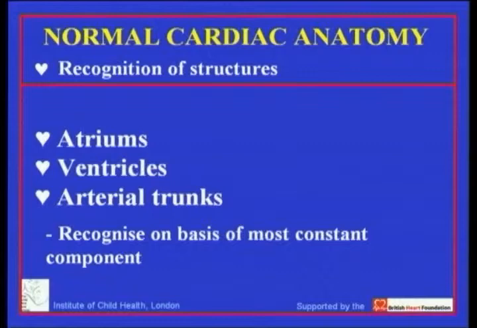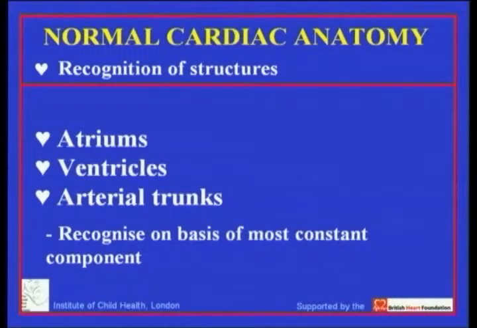So let's get down to the nitty-gritty. Because what we're going to talk about over the next days is the need to recognize these various structures on the basis of their most constant component. We're going to come back to that after lunch when we talk about the morphological method.